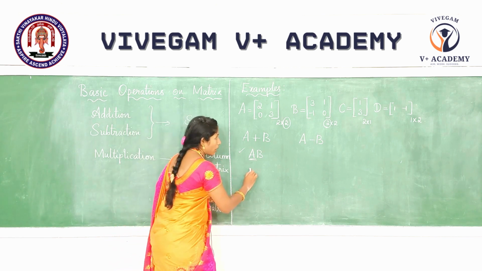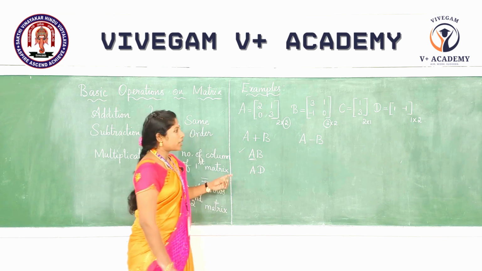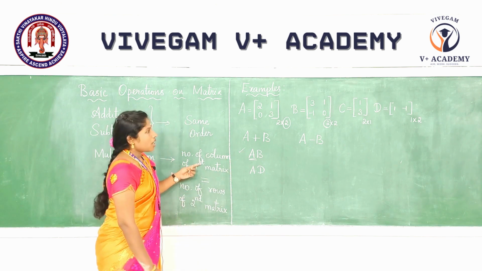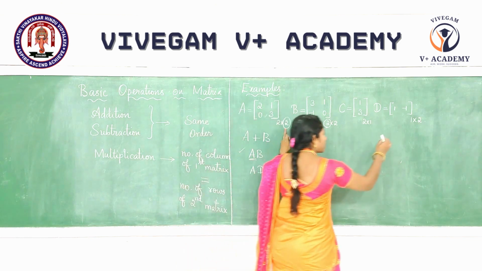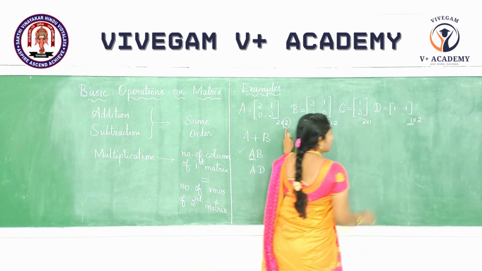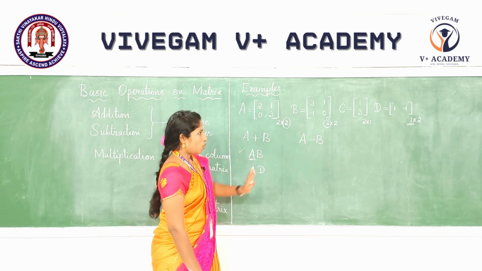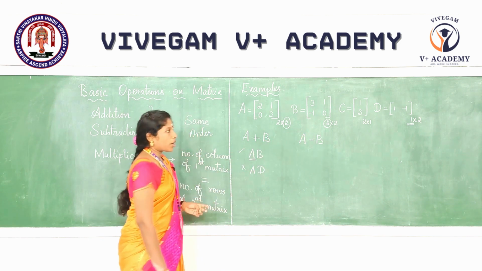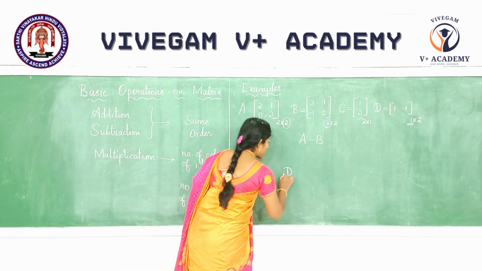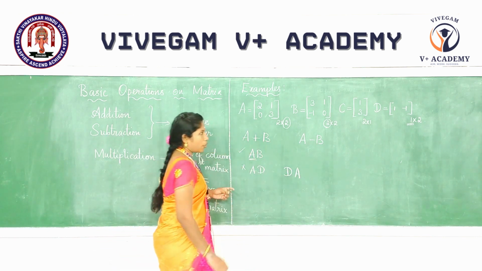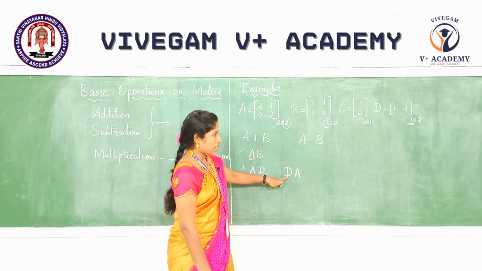Similarly, now I am going to check whether I can do the product AD. What is the condition? The number of columns of the first matrix should be equal to the number of rows of the second matrix. Is it correct? 2 is equal to 1? No. So we can't find the product of A and D. Now I am going to check whether DA is possible or not. Here, D is the first matrix.